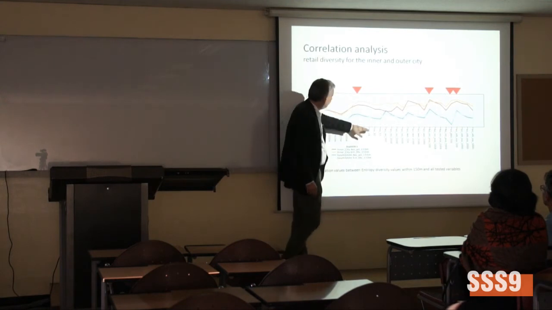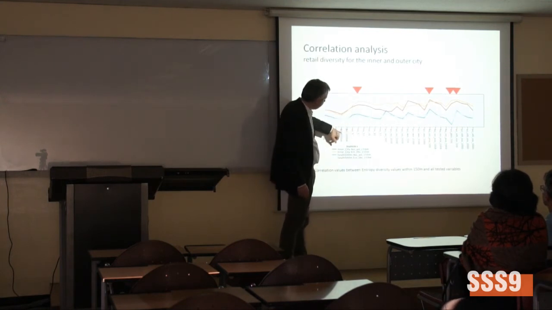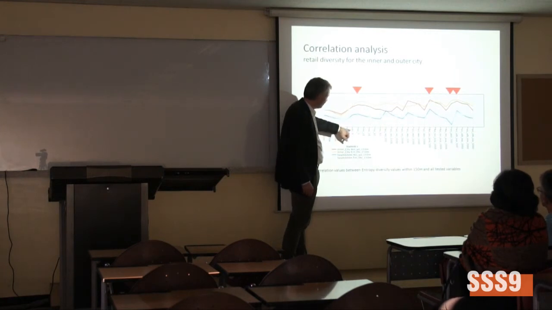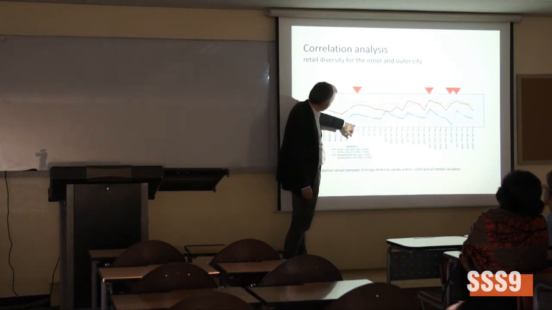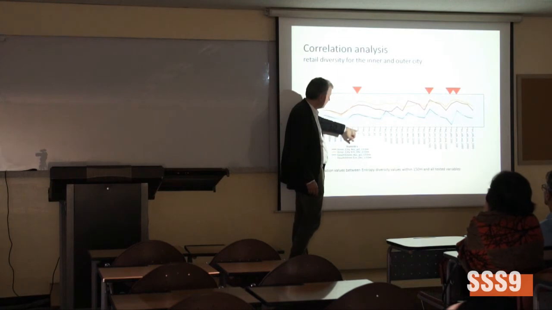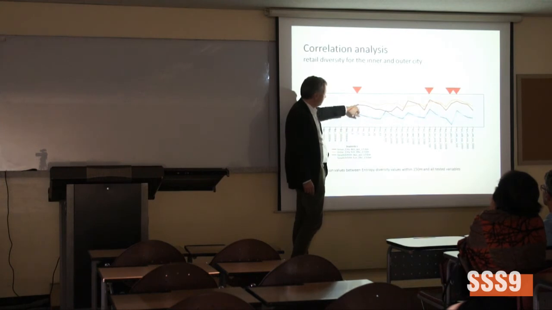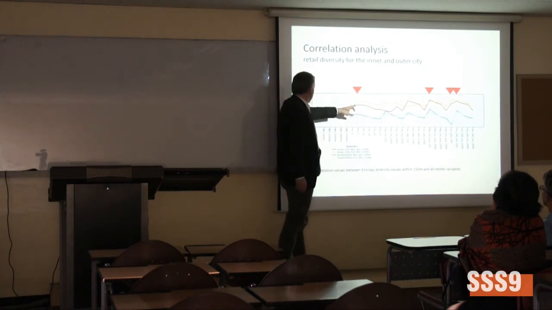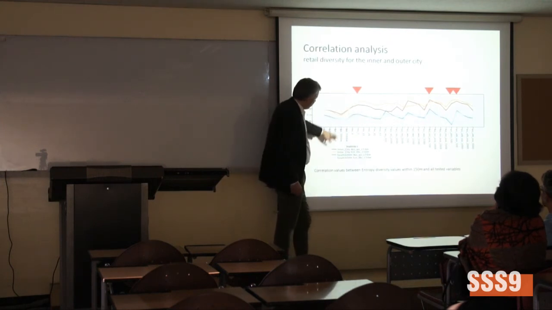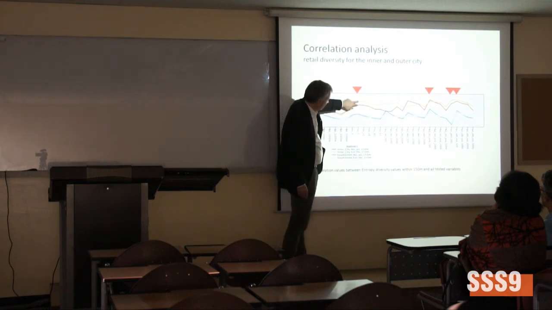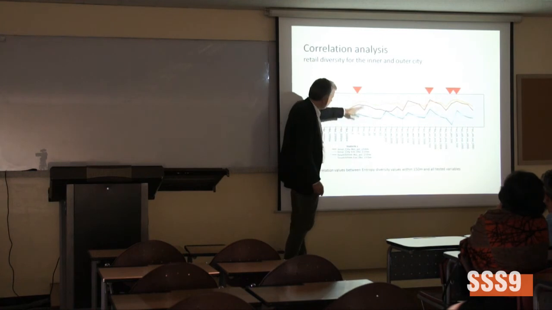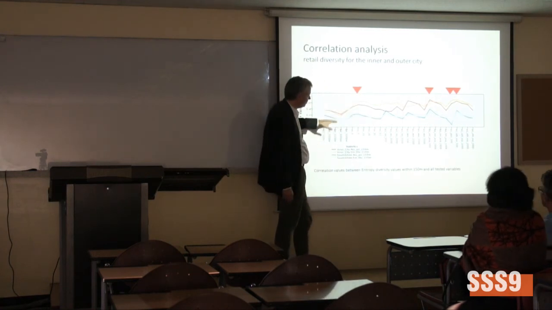We could choose one of them, which has to do with what we call short blocks, or the distance. One measure that turns out very good is integration at radius 7, which correlates pretty well all over. But we have also sorted this, so you can see that in the inner city the correlation is much higher than in the southern part of the city, and these vary a little bit. I can go through all of that.